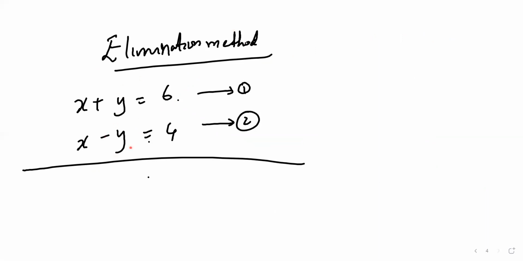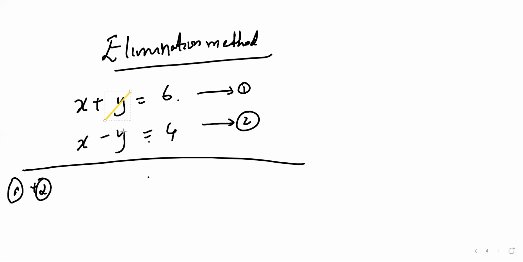I'll eliminate one of the variables here. Maybe I have to add, maybe I have to subtract. I should find one of the variable values. So how to get it? If I add equation 1 and equation 2, what will happen?